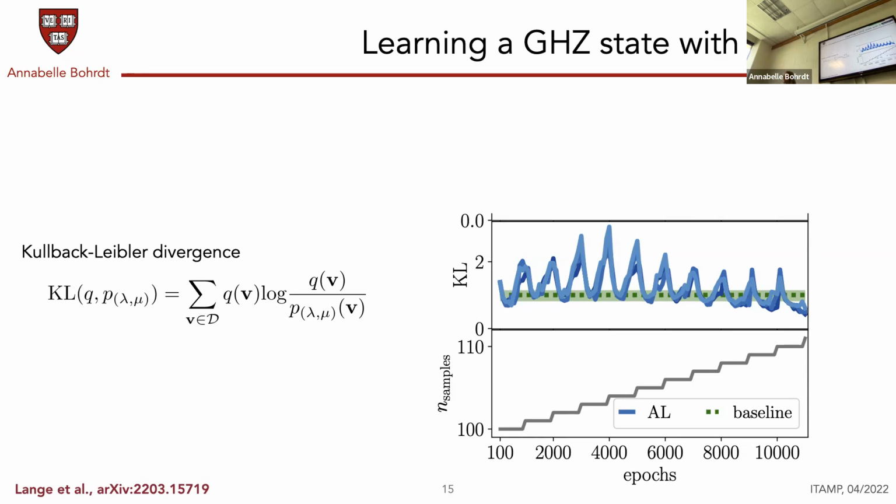Do you have an idea why around 4,000 epochs you have this maximum of the Kullback-Leibler? Like these spikes up, they are kind of random to some extent, because you initialize from new, so you basically didn't do any training at all. Whenever you have a step here, you start from new, and then it's just a question of what the data that you have in your pool right now looks like.